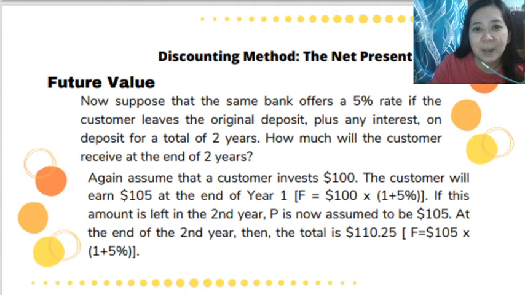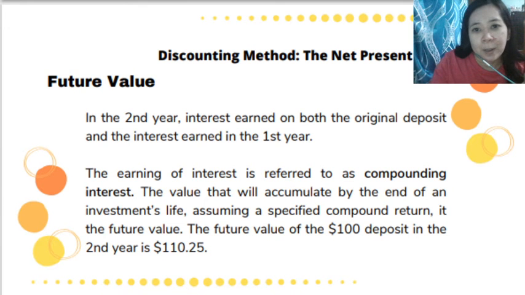So you have that concept also, I guess, in your other mathematics or finance subjects. This is the concept of future value. In the second year, interest earned is on both the original deposit and the interest earned in the first year, as mentioned. So the earning, as mentioned earlier, is what we call compounding interest.